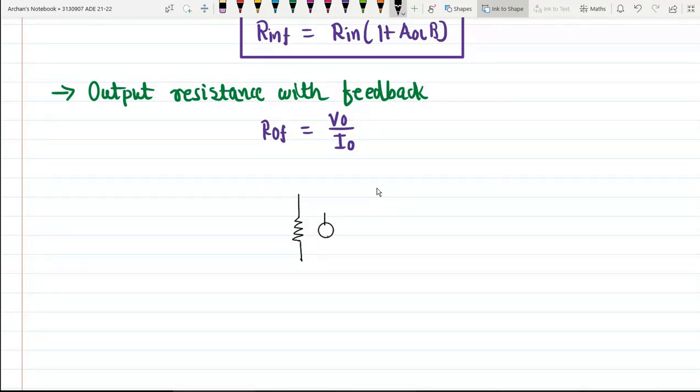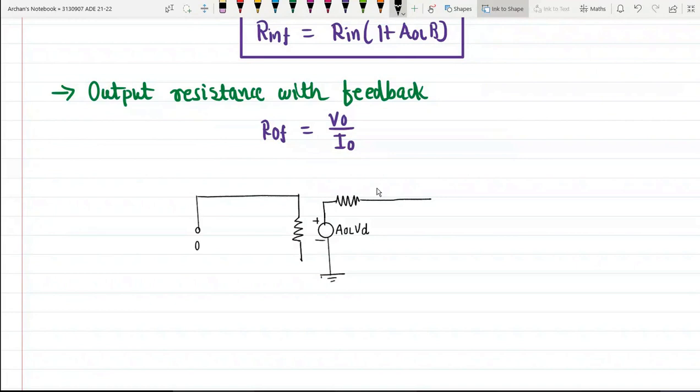Here we have a dependent voltage source AOL times VD, and this is my output resistance R0 without feedback. Now to the non-inverting terminal, we have provided one voltage source.